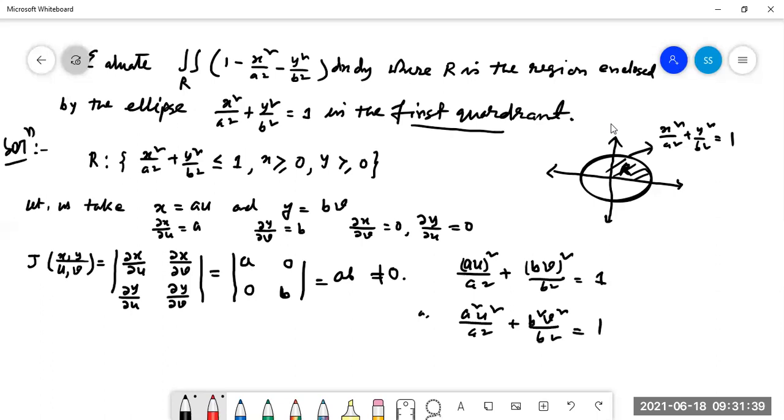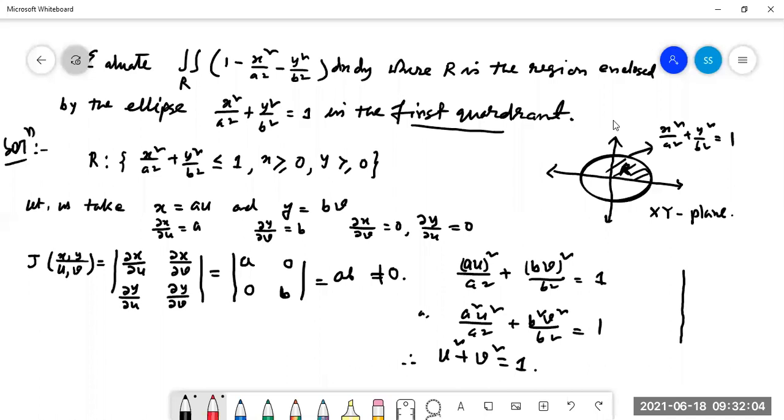So after that we get u square plus v square equals 1, which is nothing but a circle, isn't it? It was an ellipse in the xy plane.